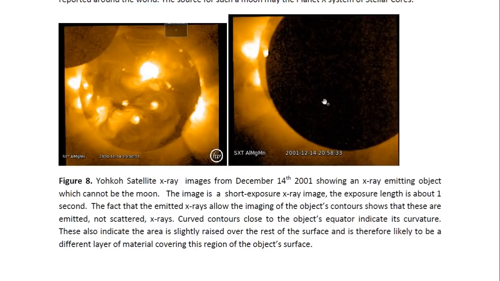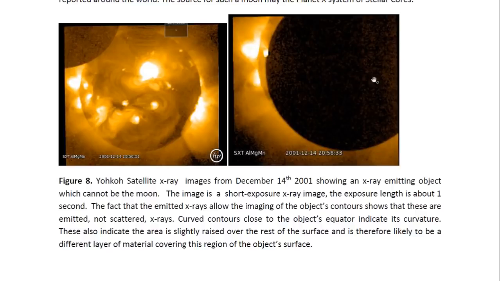And the fact that we can actually get an idea of the contours of the object through the X-rays that it is emitting tells you that these are actually emitted X-rays, not scattered. The moon would scatter X-rays, but stars emit X-rays.